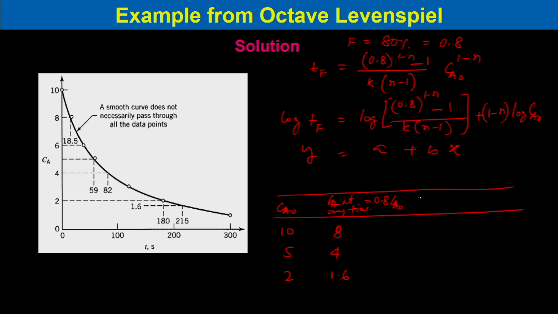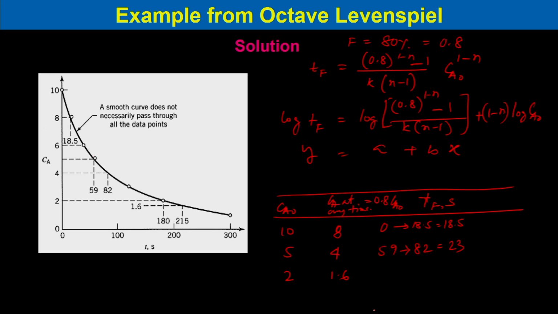So, the time needed, Tf, from this graph we can calculate Tf would be from 0 to 18.5, so it will be 18.5 seconds. Similarly, here it is 59 seconds at this location, so from 59 to 82, the time change is 23.